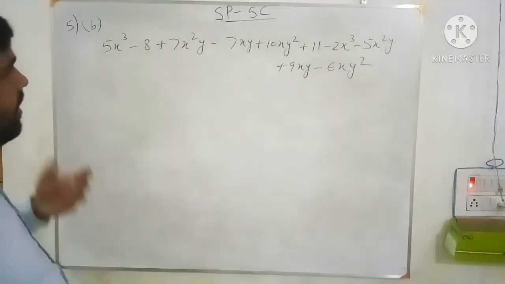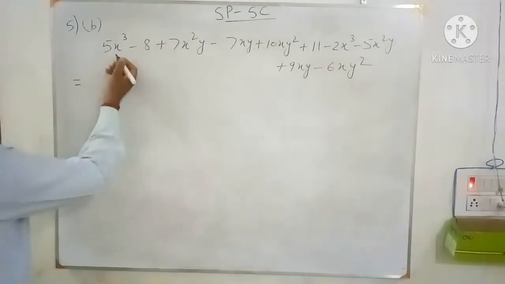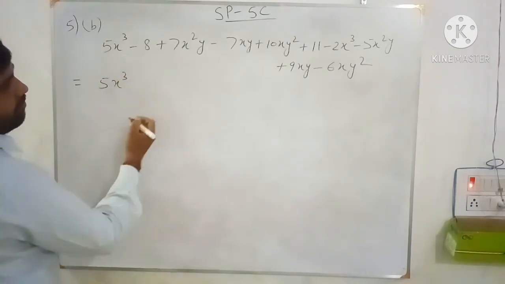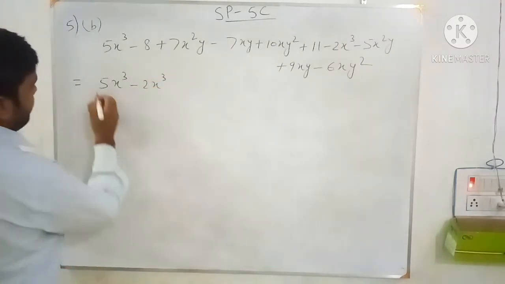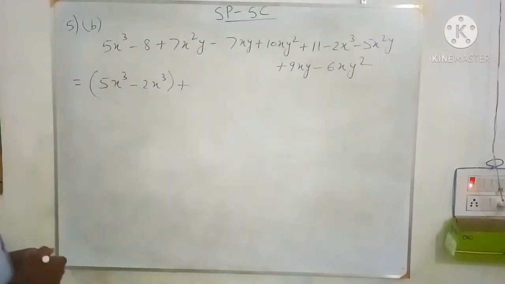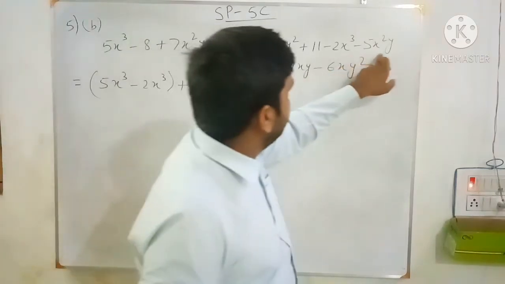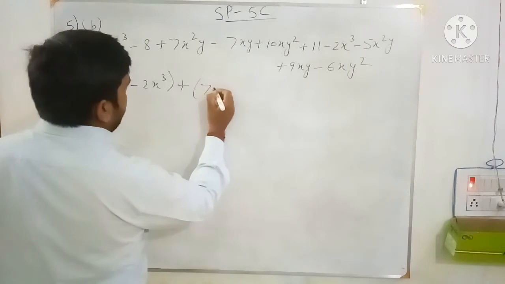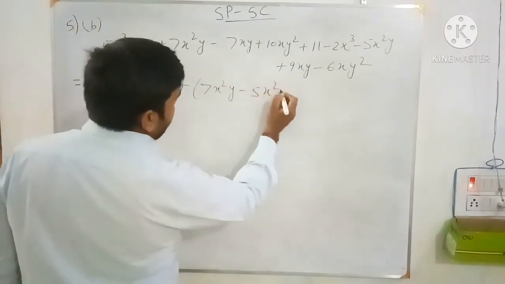So see, we will make groups of the like terms. First I will make a group of x cube: 5x cube and minus 2x cube. There are two terms of x cube. This is one group. The next group will be of x square y. There is one x square y and there is another x square y. The second group of x square y: 7x square y minus 5x square y.